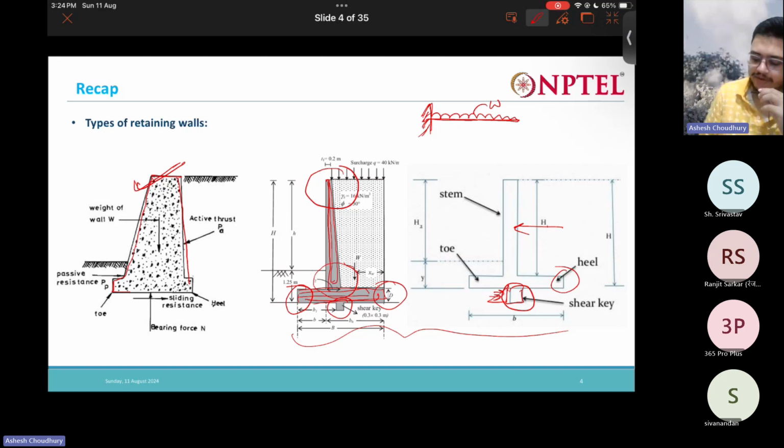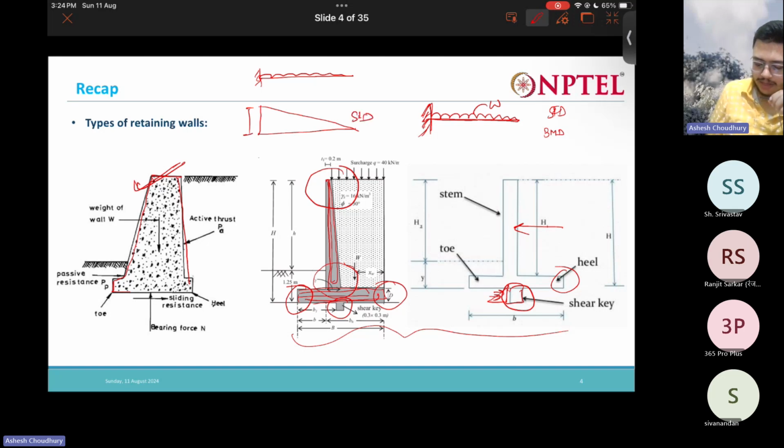What is the SFD and the BMD of a cantilever beam? If you have a cantilever like this with UDL, the SFD is going to be somewhat like this, right? This is the SFD.